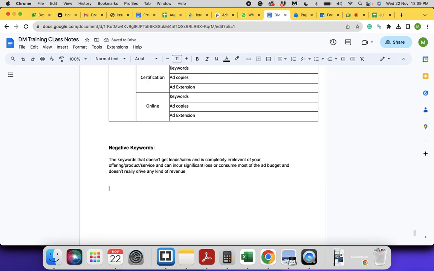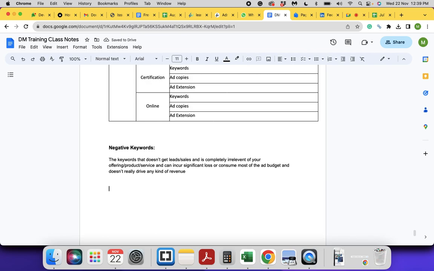Search terms are the keywords used by people, and for which the ad will be triggered on the basis of the seed keyword match types.